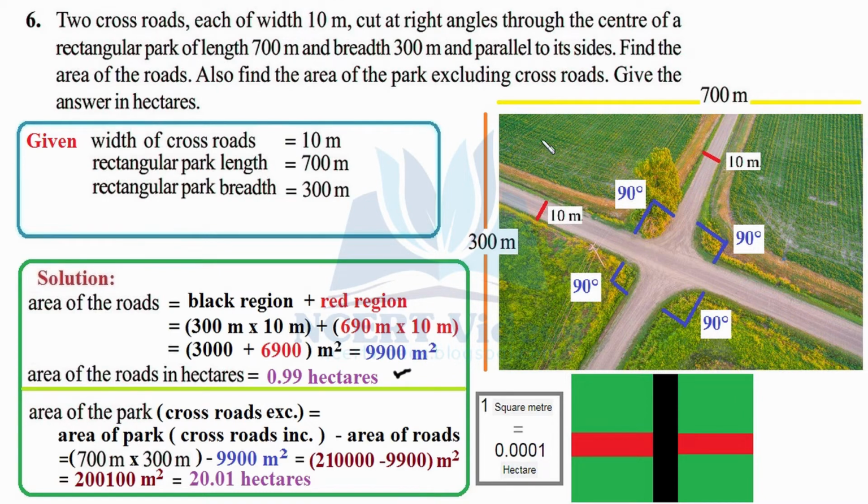Total area 700 into 300, writing same, minus area of these crossroads is 9900 meters square. Solve it. 7 3s are 21, fix 1 2 3 4 zeros to it. So 21 with 4 zeros minus 9900. You get 2,090,100 meters square. But we have to calculate answers in hectares.